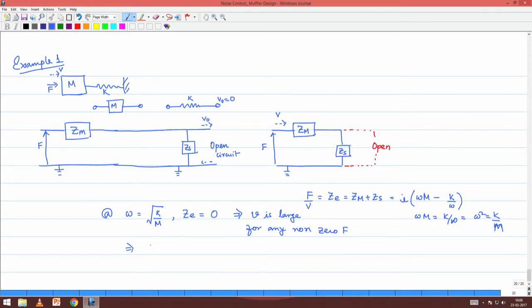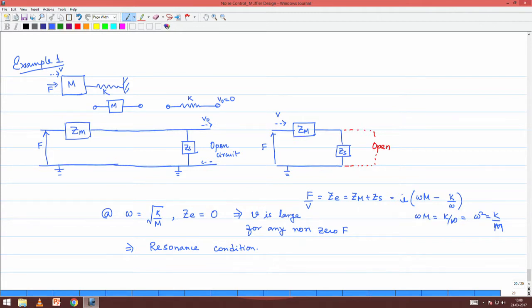This is the resonance condition, wherein you can have a large response of the structure even though the forces are very small, right. Or in other words, the magnification from force to velocity is by a large amount.